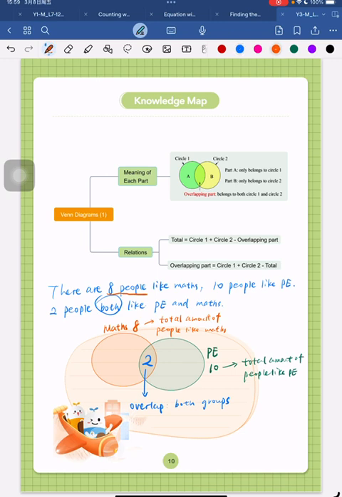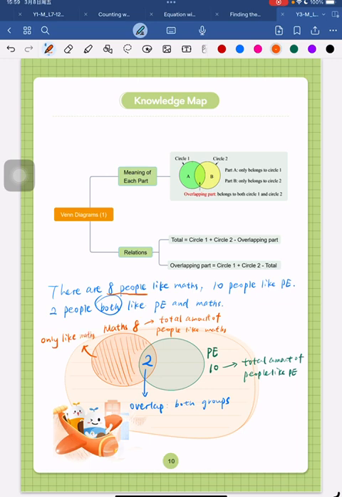But also, we will find there are 2 moon shapes. Let's take a look at the moon shape on the left. First of all, we need to know the meaning of the moon shape. It means the people in the moon shape only like math.